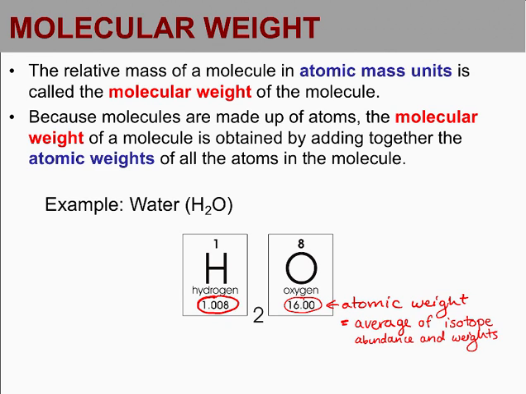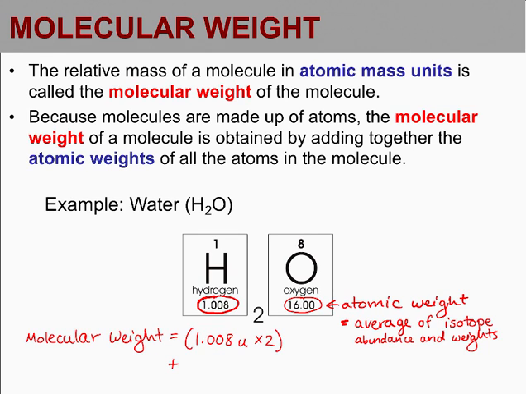Okay, so if we want to find the molecular weight of water, we have 2 hydrogens and 1 oxygen. So we're going to add all of those together. So we're going to multiply the atomic weight in atomic mass units of hydrogen by 2.